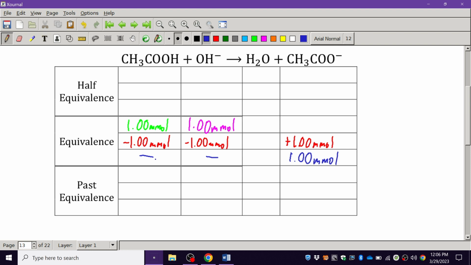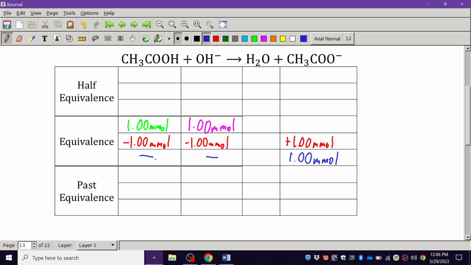At this point, you should be able to identify this solution based on what you learned in the last chapter. It's essentially a solution of sodium acetate. What kind of solution is that? Strong acid, strong base, weak acid, weak base, or buffer.